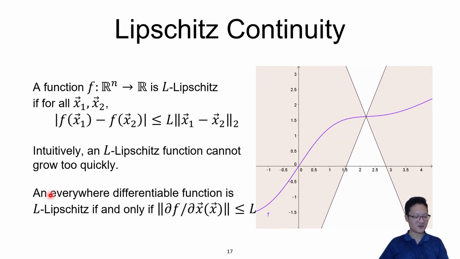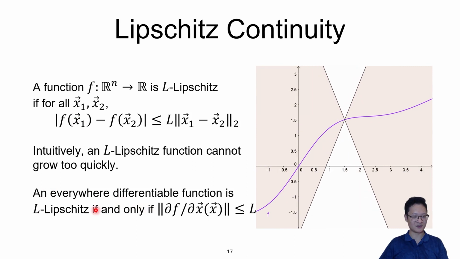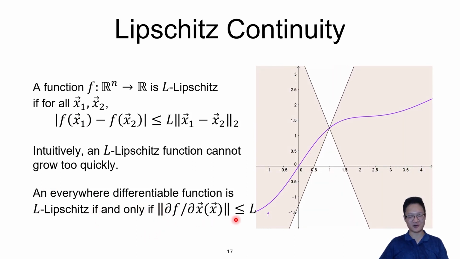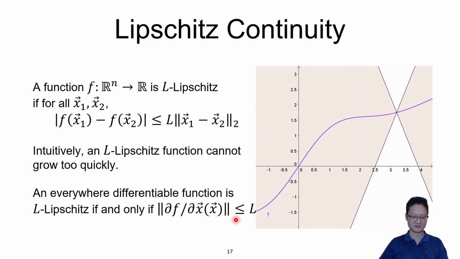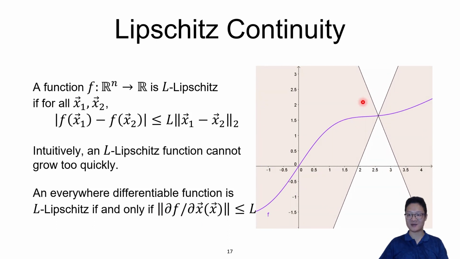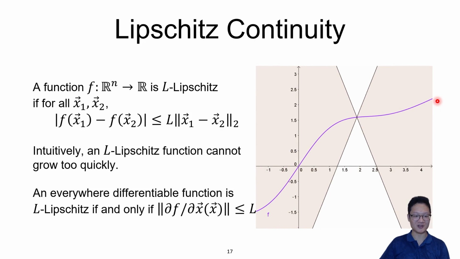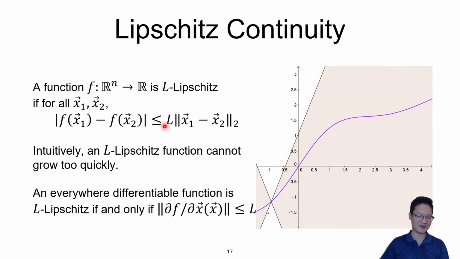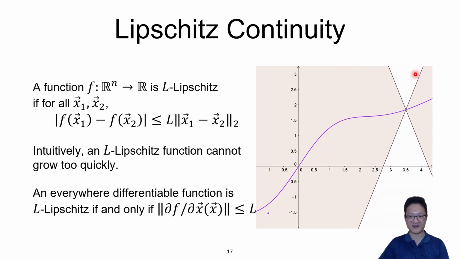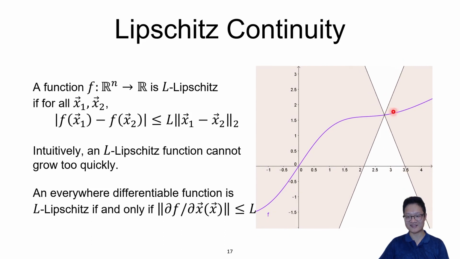So an everywhere differentiable function is actually L Lipschitz if and only if, that means equivalent to, the gradient of the function being less than or equal to L everywhere. So in this scalar function example, I have just drawn this purple function, which is L Lipschitz. L is just a fixed number, it can be anything. In this case, I have decided that L is going to be the slope of this line here, right?